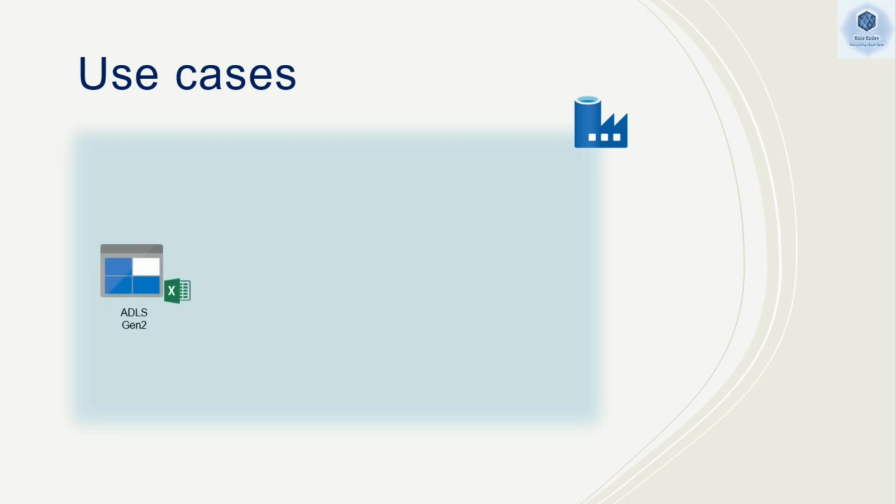So let us see the common use case which we are going to execute today. We have Azure Data Lake Gen2, where we have loaded an Excel file. We used this Azure Data Lake Gen2 in our previous scenario. We are going to take the same file from the ADLS Gen2 account and move it to Azure Blob Storage as a JSON file.